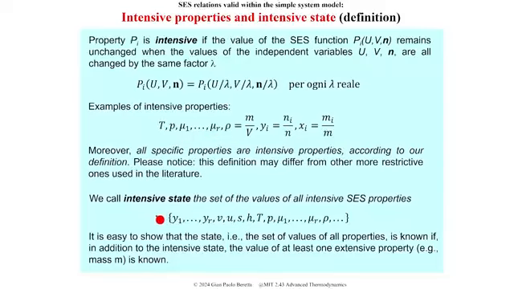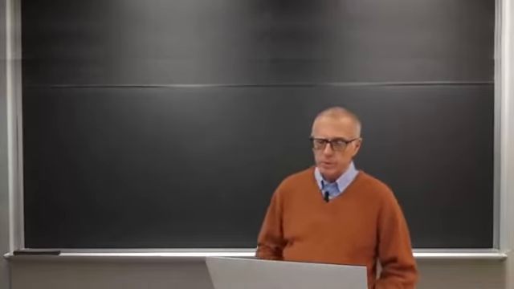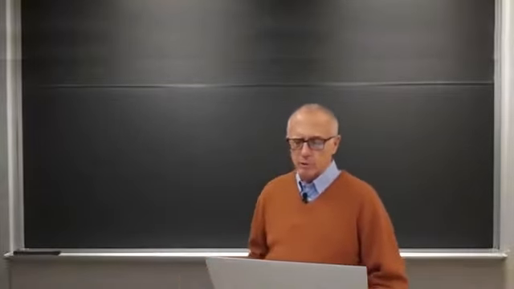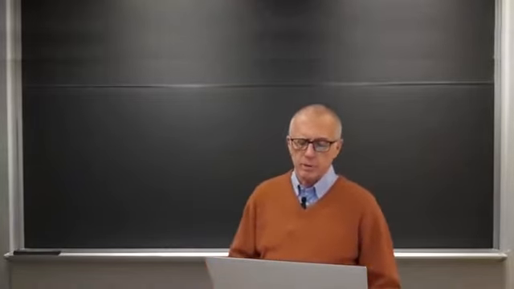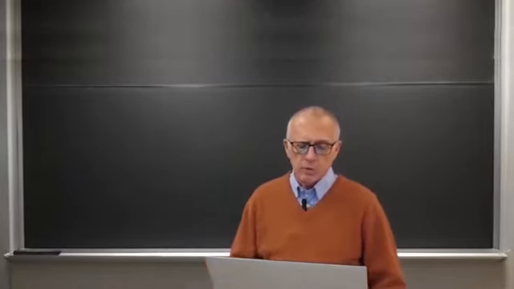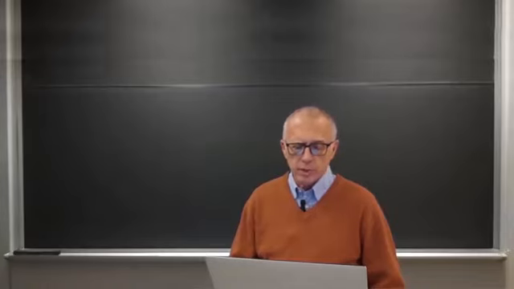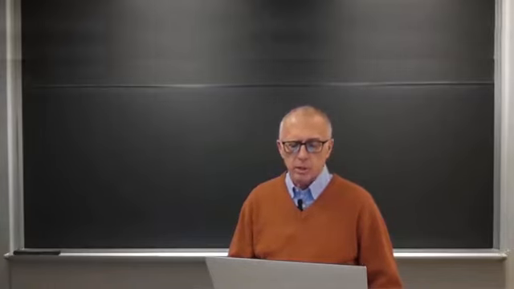All right. So if you take the list of the values of all these intensive properties, which is usually an infinite number of properties, but most of the times there is a smaller set of independent properties. The list of all properties of this kind for a stable equilibrium state is called the intensive state.